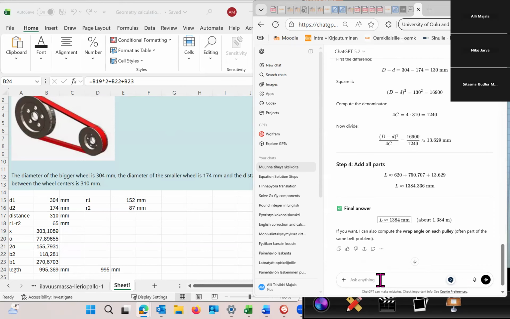Can you draw me a picture? But this is the problem with the pictures. It doesn't draw them really well, to show how you did this.